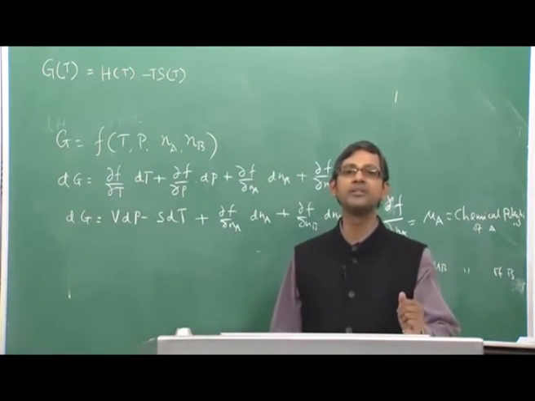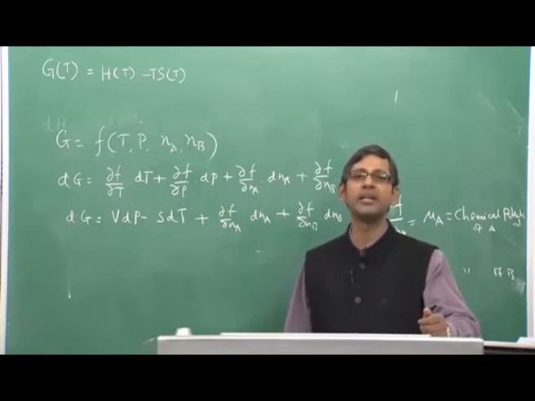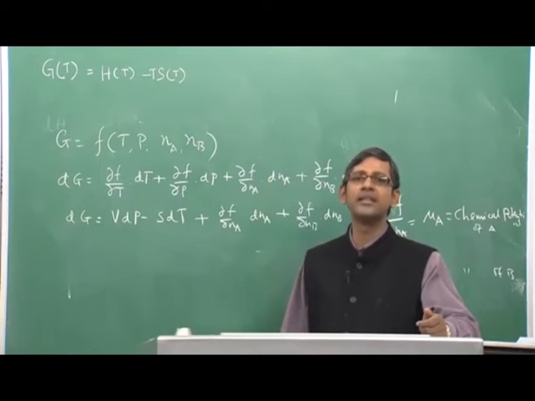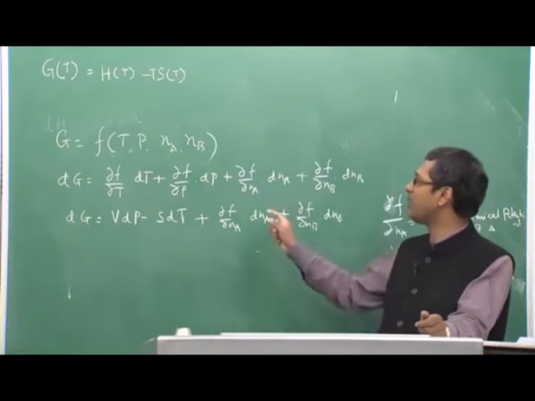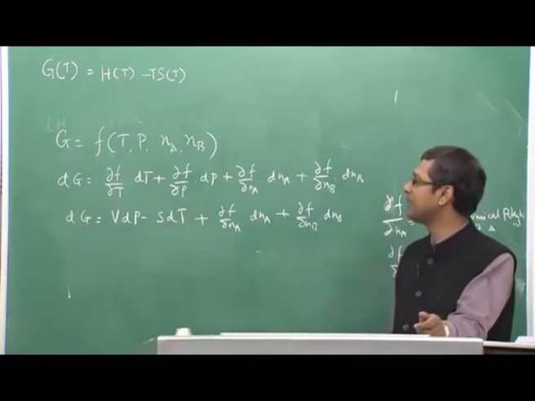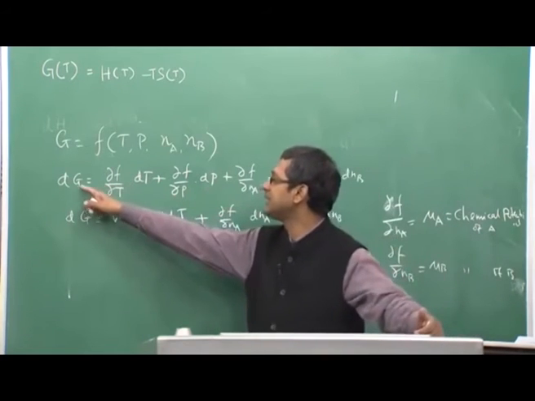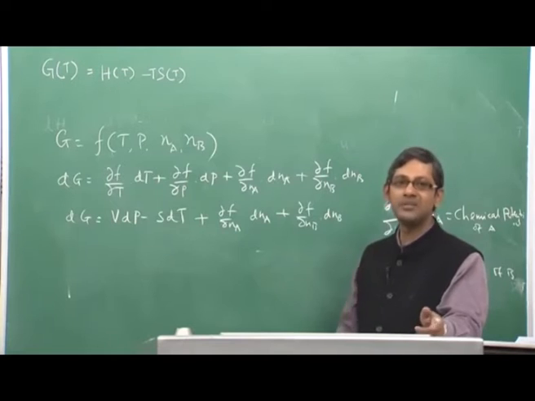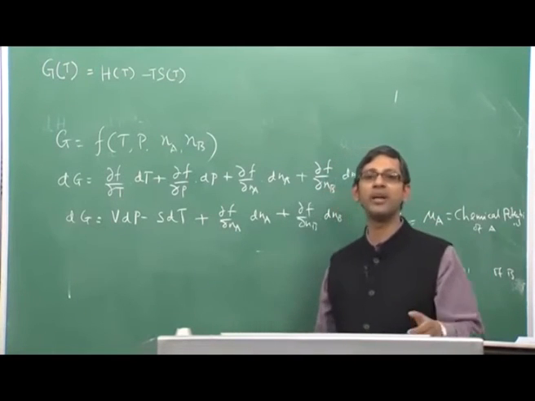This is something very common in thermodynamics but never understood by the students. It is always told in the books that if I add a very small amount of A into the system, the change of G is what is known as the chemical potential of A. But that is a very vague statement, nobody understands.